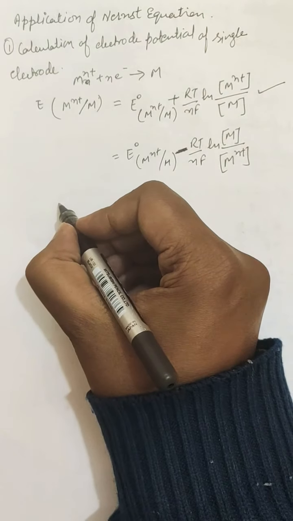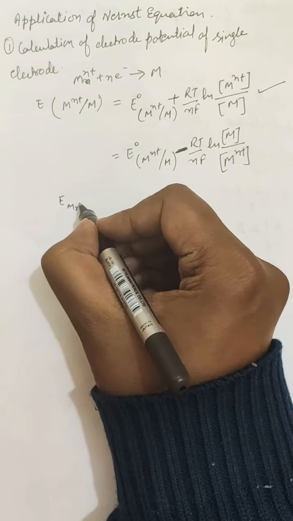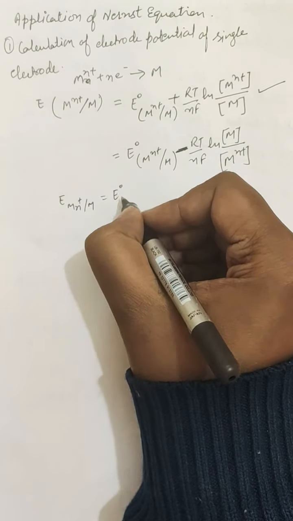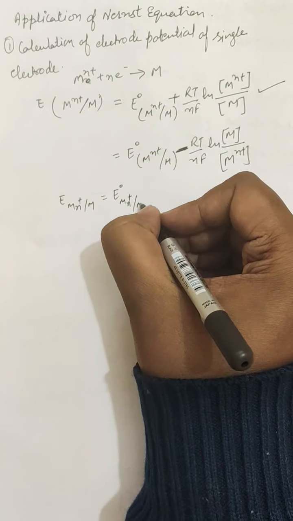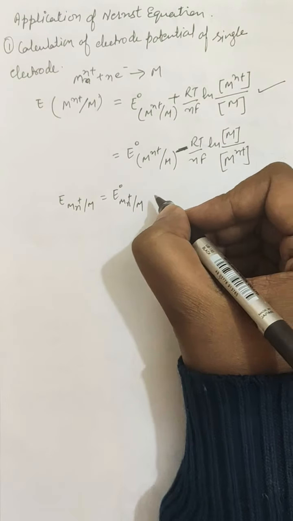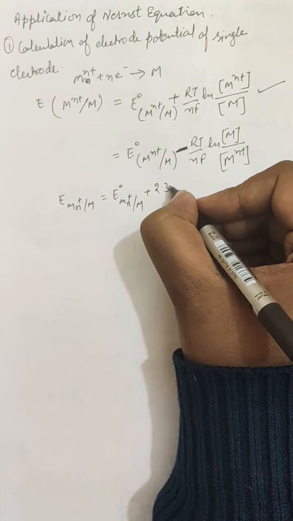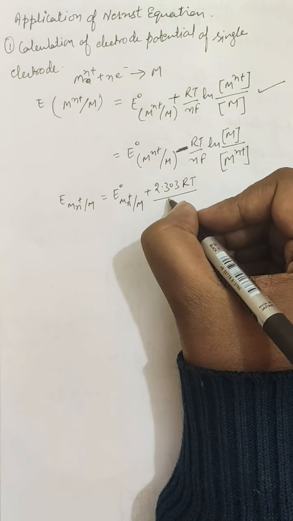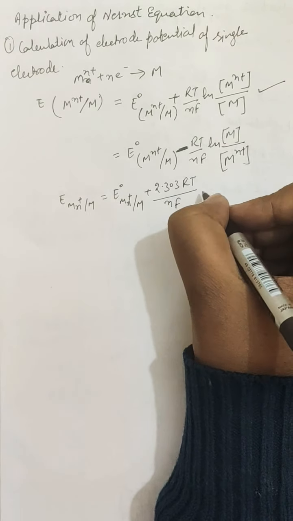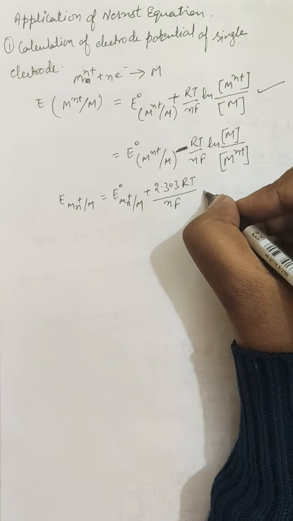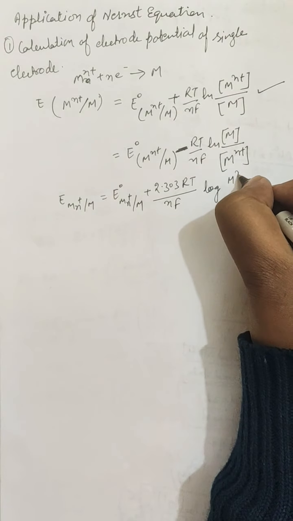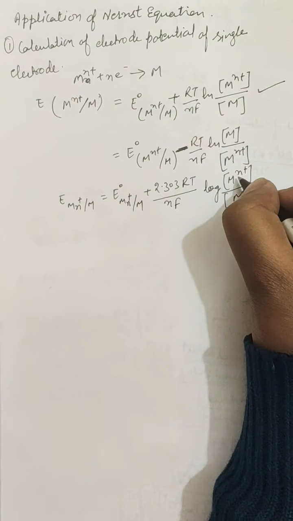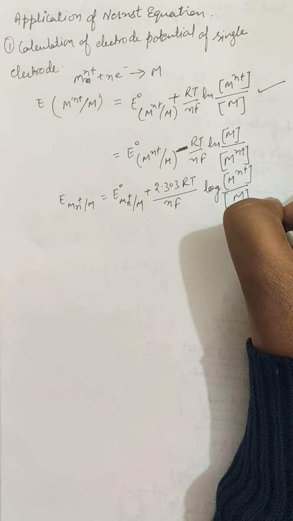Further it can be written as E of M^n+/M is equal to E° of M^n+/M plus 2.303 RT/nF into log of the concentration of M^n+ cation over M.